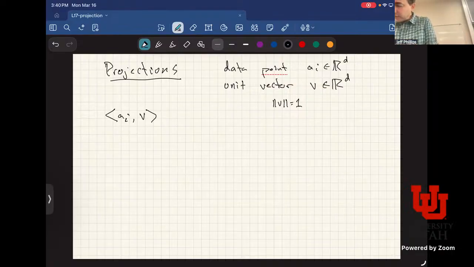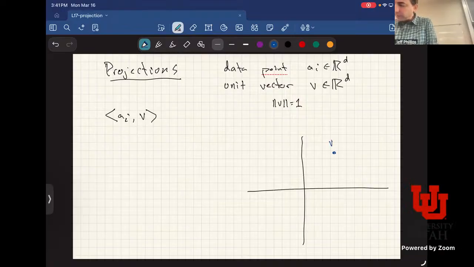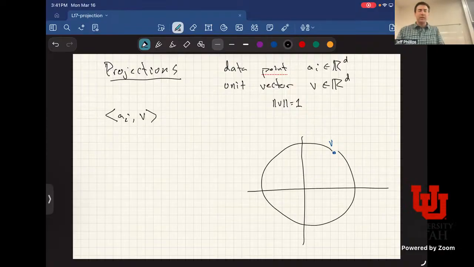It'll be useful to draw a picture here to remind you what's going on. We're going to have a point v, and because it's a unit vector, it's going to live on this unit ball. That's not so important. What is important is that we can think of it as this vector from the origin, and then we imagine this line that is a continuation.